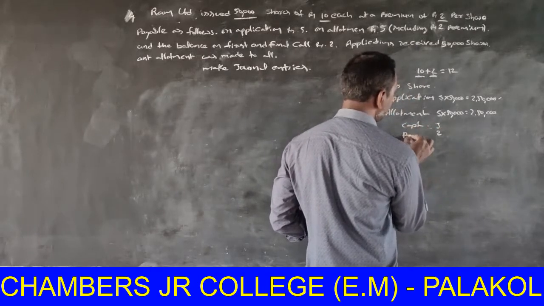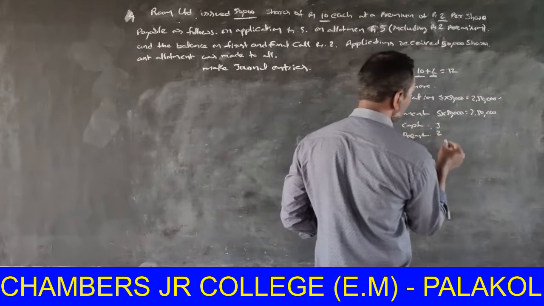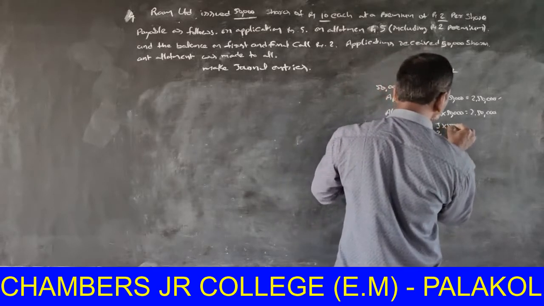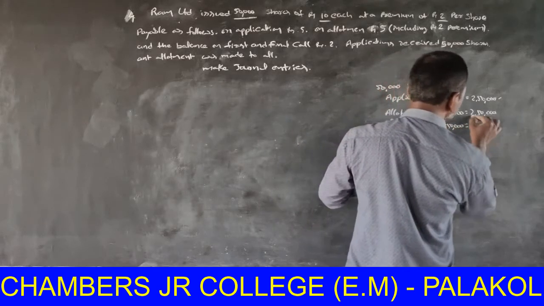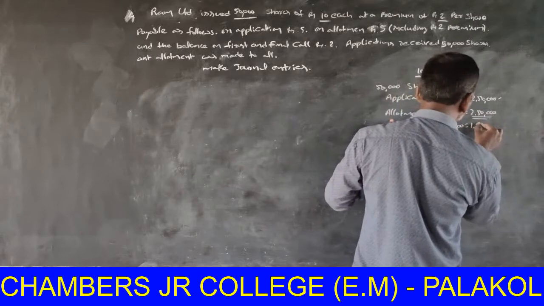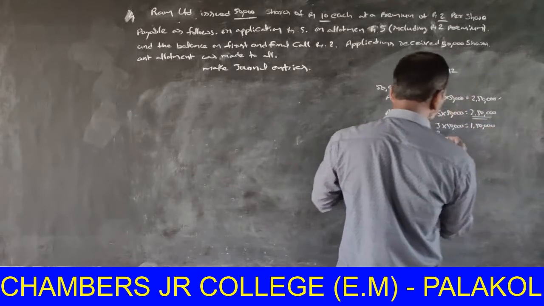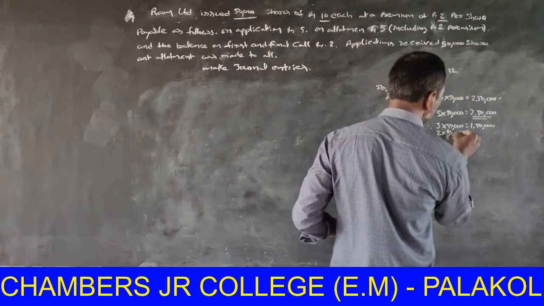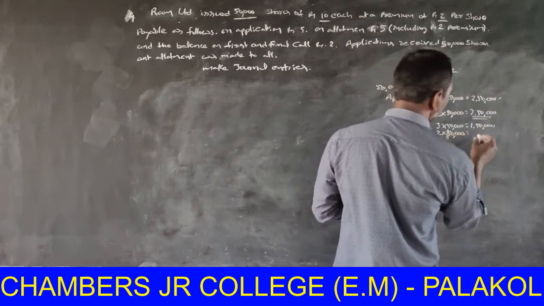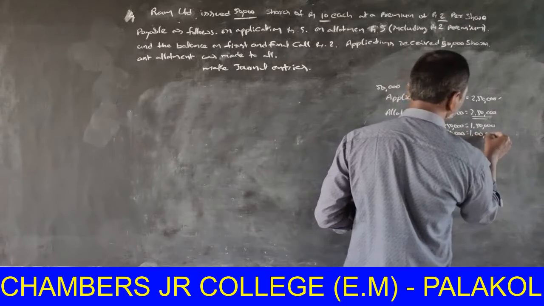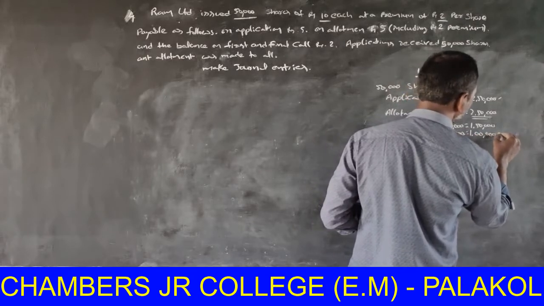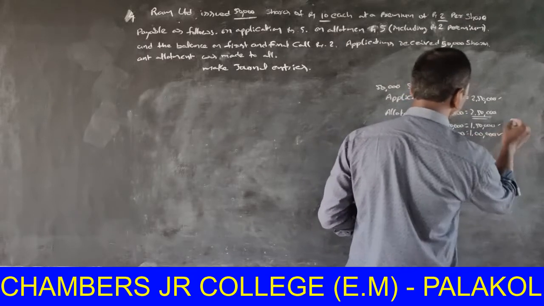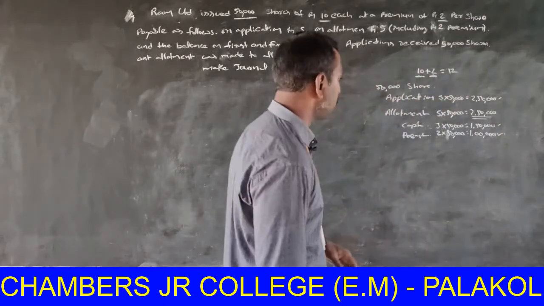Capital 3 rupees, premium 2 rupees. 3 into 50,000, 1 lakh 50,000 capital, and 2 into 50,000, 1 lakh premium. Here the premium is 1 lakh and capital 1 lakh 50,000.